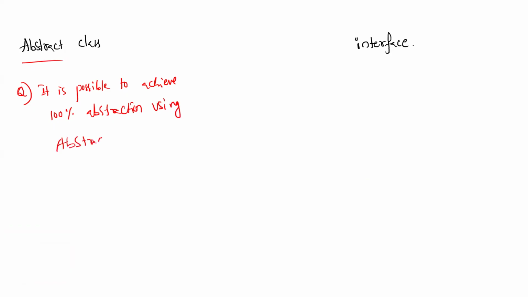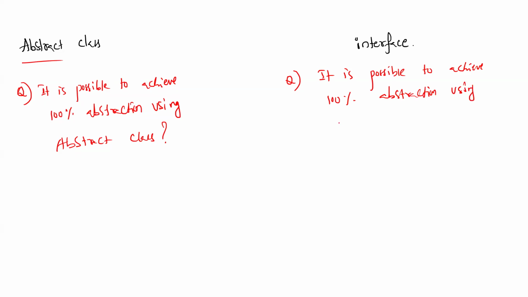Yes or no? Similarly, same question: is it possible to achieve 100% abstraction using an interface? Where is it yes and where is it no, or are both yes or both no?